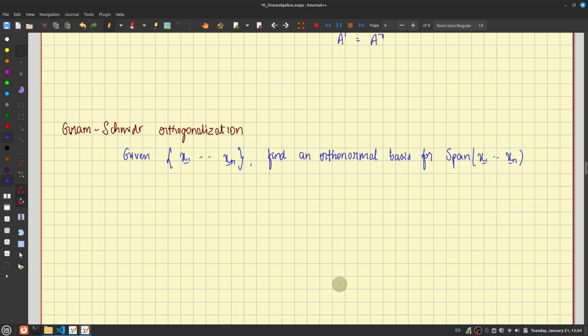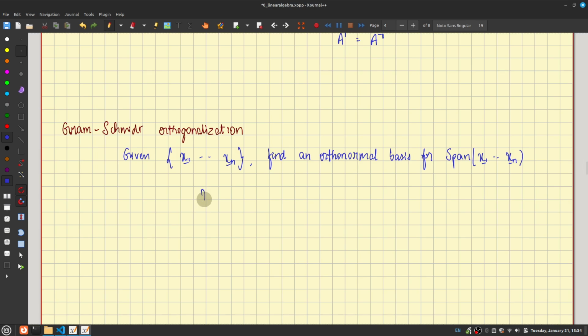And one approach to finding such an orthonormal basis, a canonical orthonormal basis, is Gram-Schmidt orthogonalization. So suppose that somebody gives you a set of vectors x1 through xn. For now, let's assume that these are all linearly independent. If not, you take a subset of vectors which are actually linearly independent, and you perform the following sequence of operations.